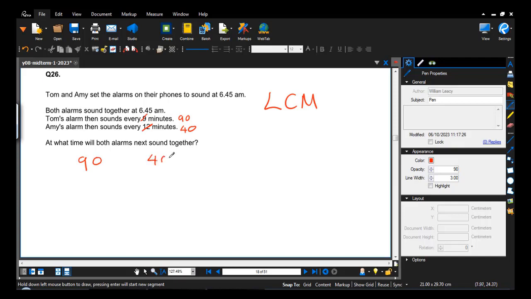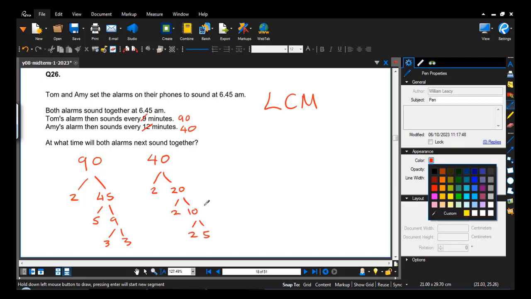90, 40. What you do is you split it off into factor trees. So you're going to have 2, 45, split it up, 5, 9, split that up, 3, 3. This one you're going to have 2 times 20, 2 times 10, 2 times 5.